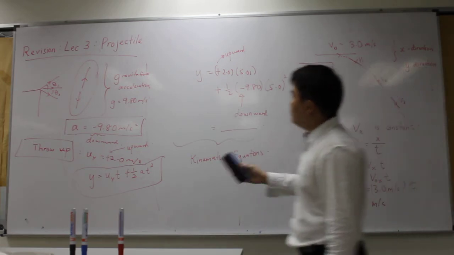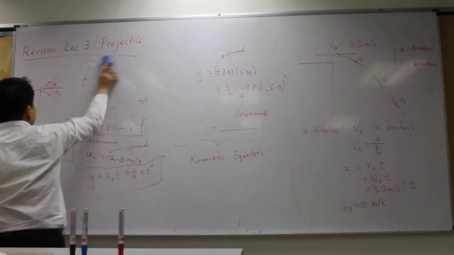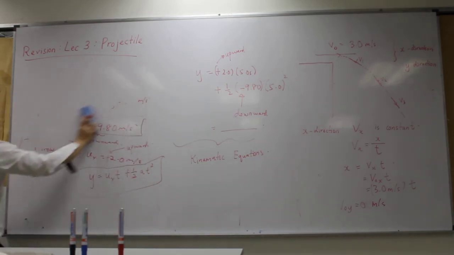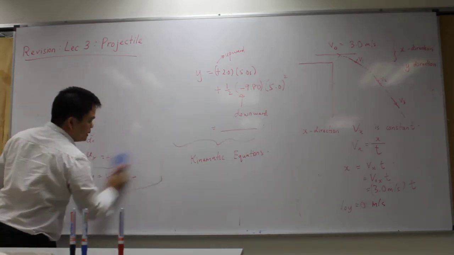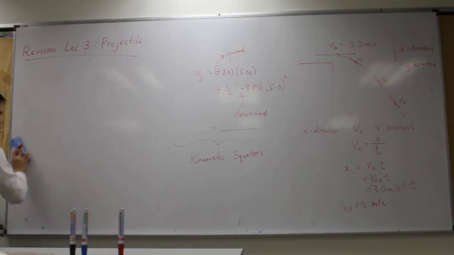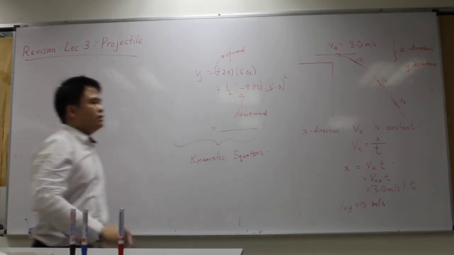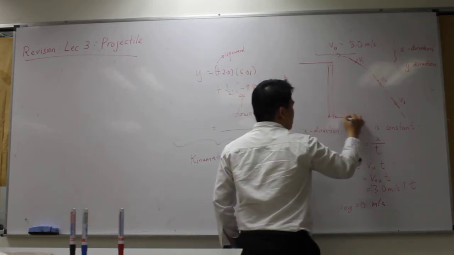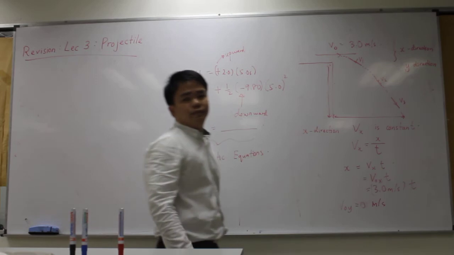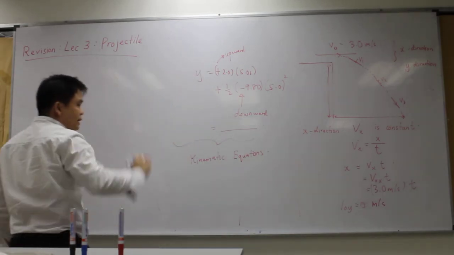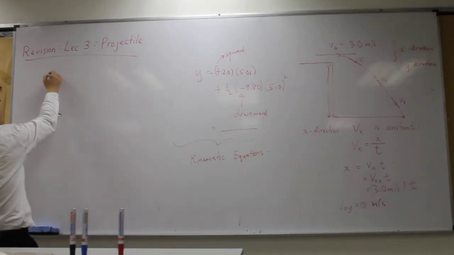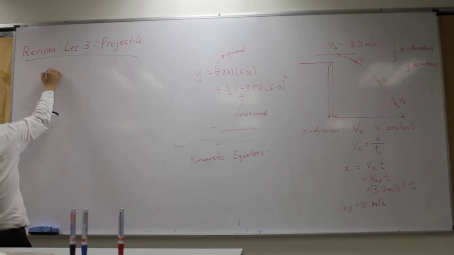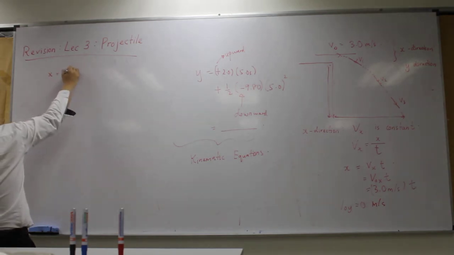Maybe I give you a scenario here. Let's say a ball is thrown horizontally at the speed of 3.0 meters per second, and I ask you, after some time, what is the horizontal component of the displacement? This is a simple example. The displacement is Vxt.